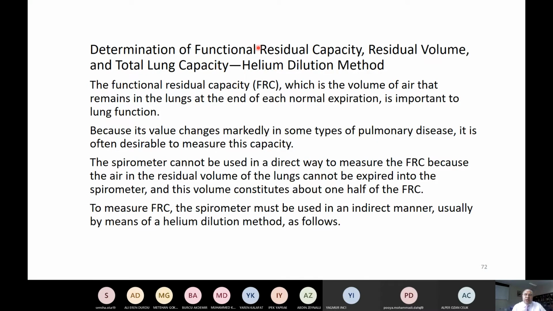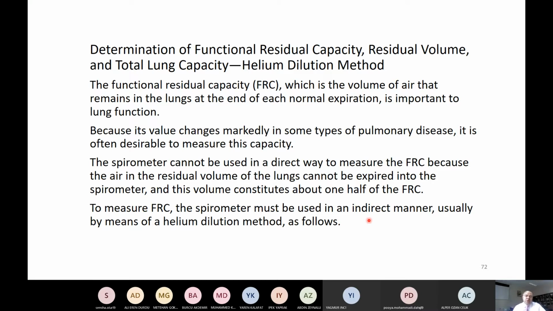Okay. If we would like to learn about the amount of functional residual capacity, we need to use helium. Okay, the helium dilution technique is used to measure functional residual capacity first.